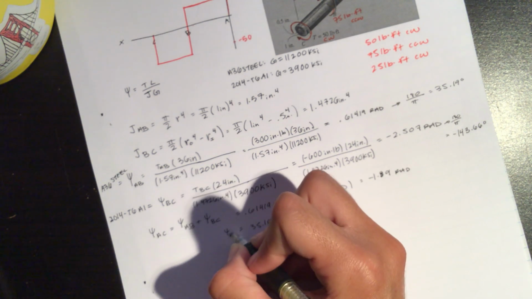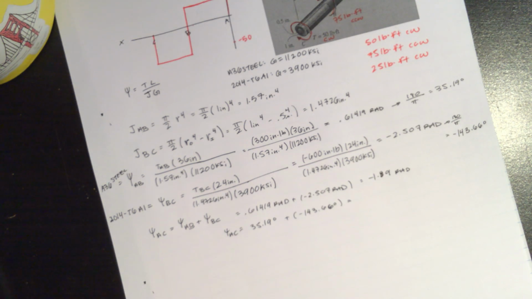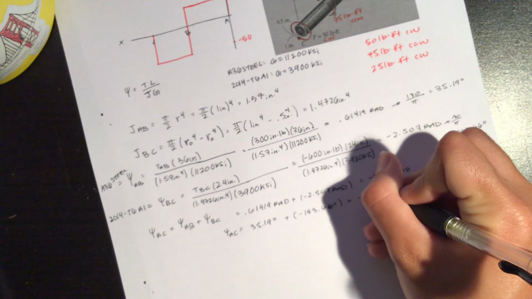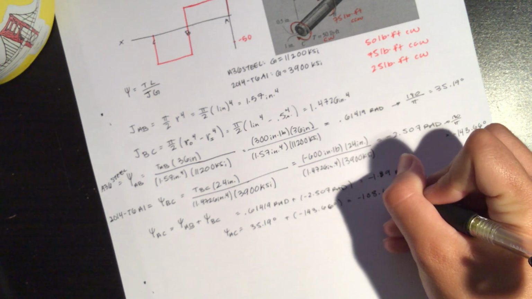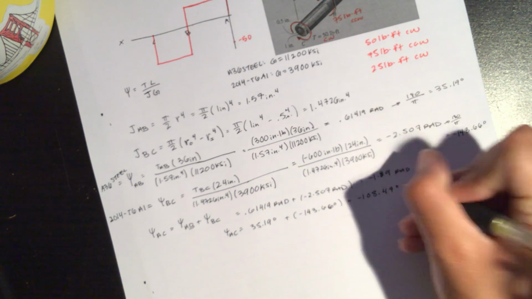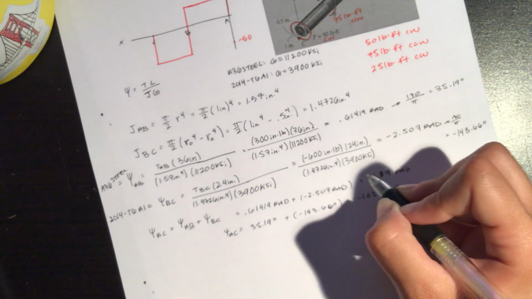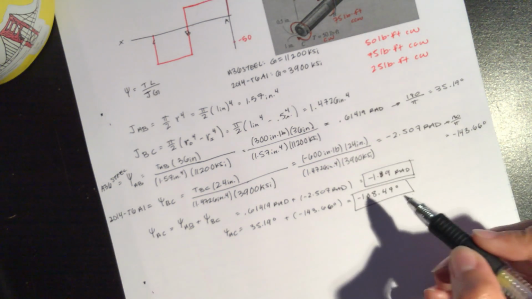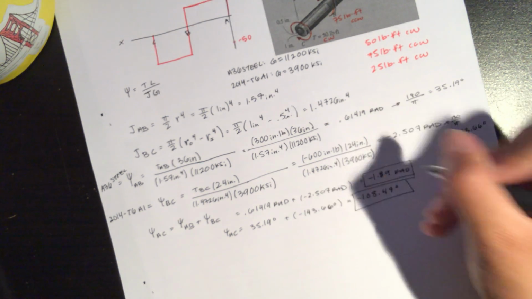And that is going to leave us with negative 108.47 degrees. So these are the same answers for the twist angle, whether it be in degrees or in radians.